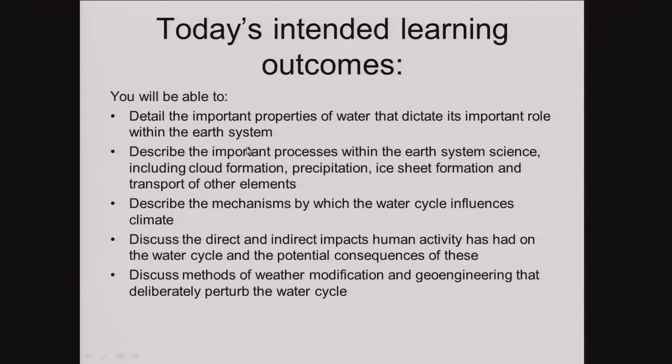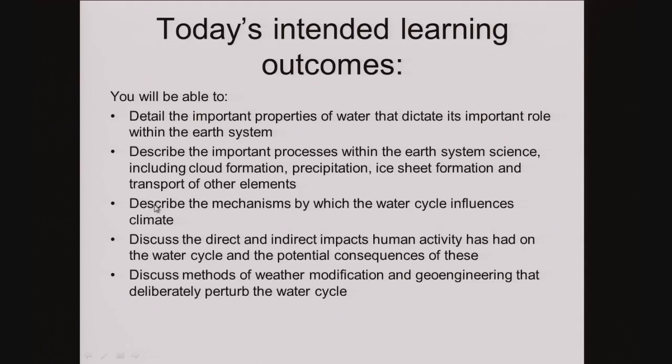So we're going to talk about a lot of the ways in which water interacts in the Earth system, and also describe the important processes within Earth system science, including cloud formation, precipitation formation, ice sheet formation, and the transport of other elements by water.